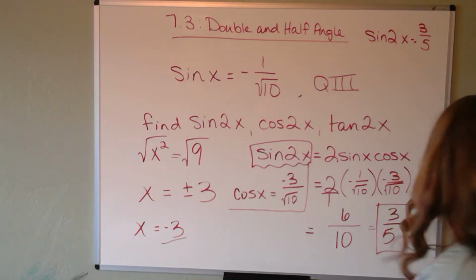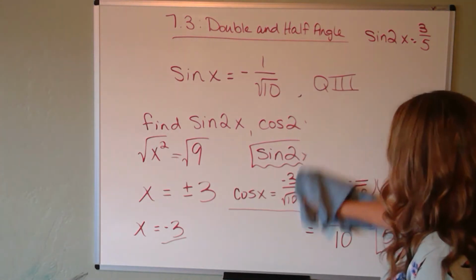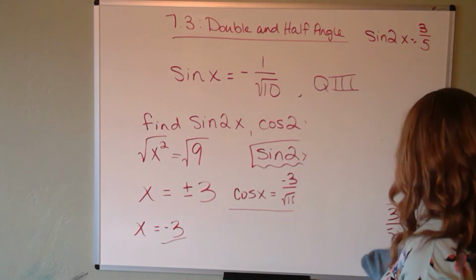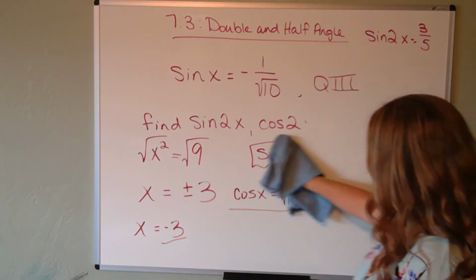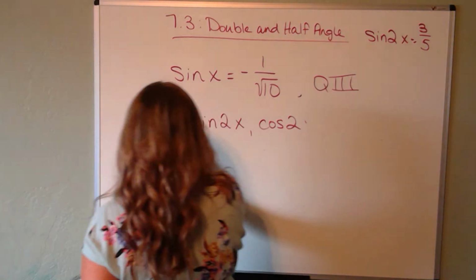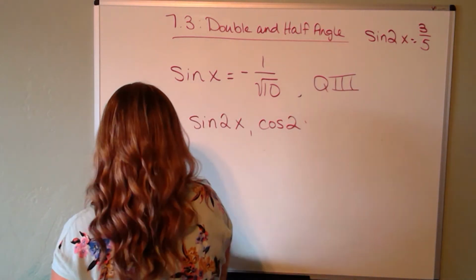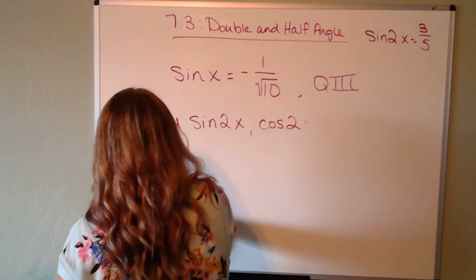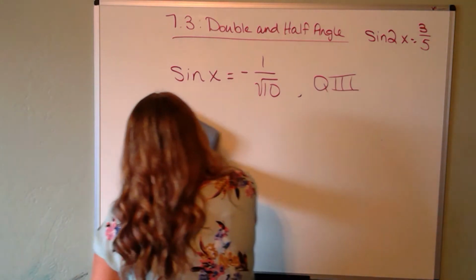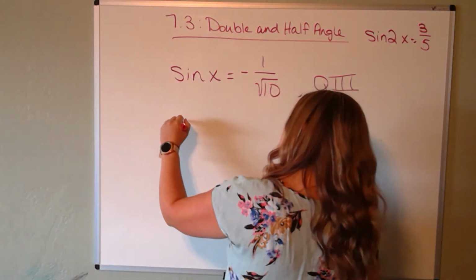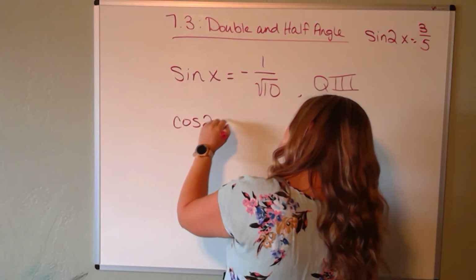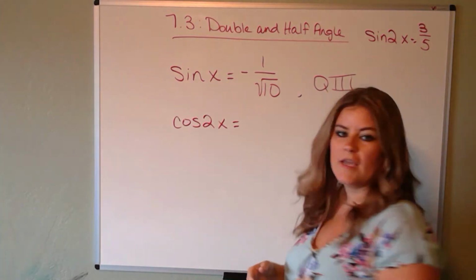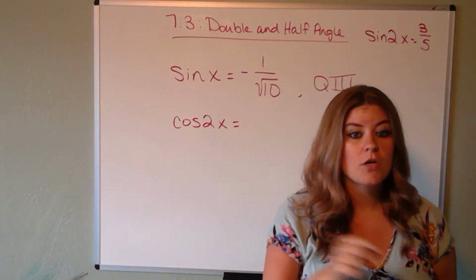Now what else did I need? Well, I needed the cosine of 2x. So I'm going to use my double angle identity for cosine. Remember, I have 3 to choose from. Now, I already have both sine x and cosine x.